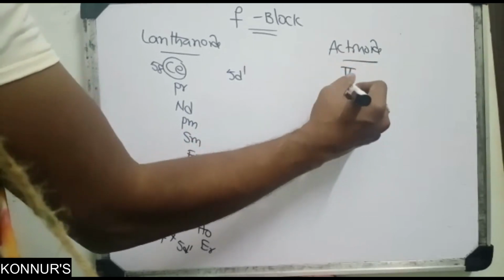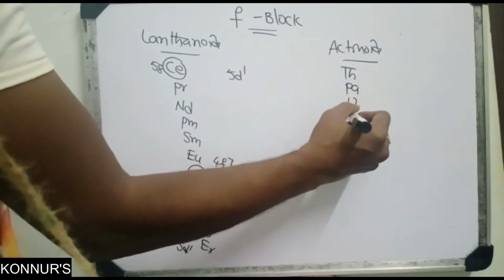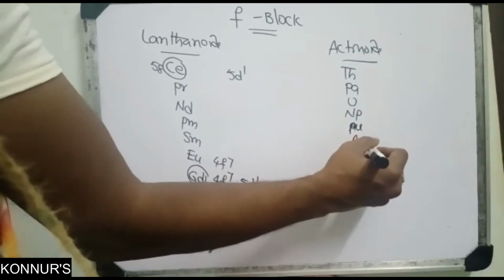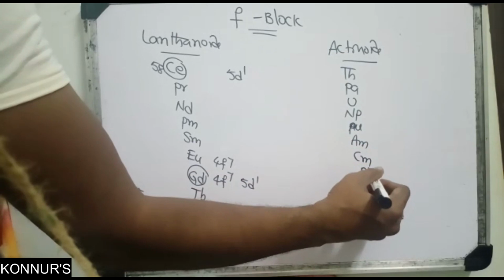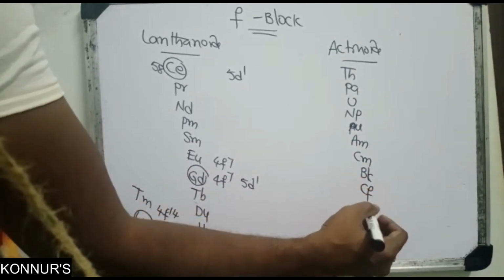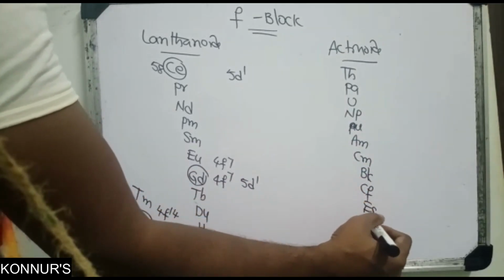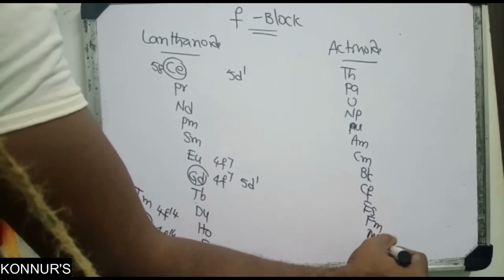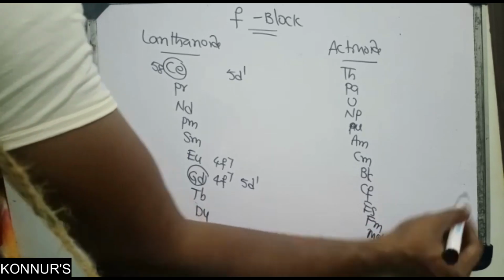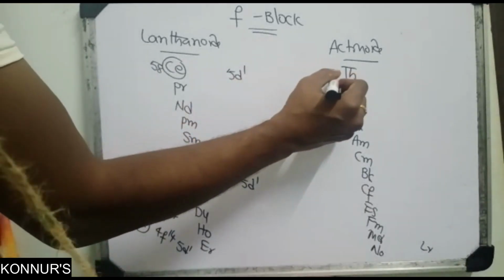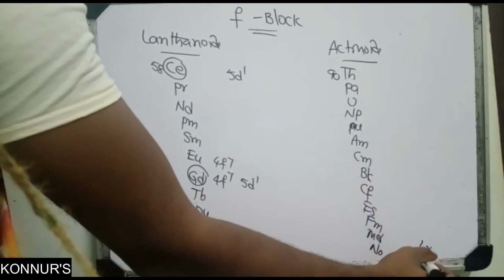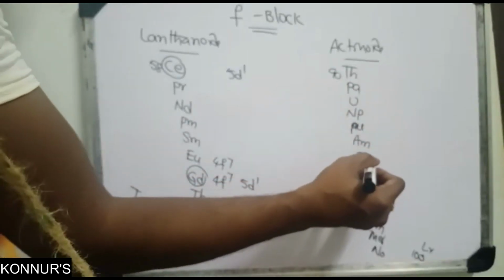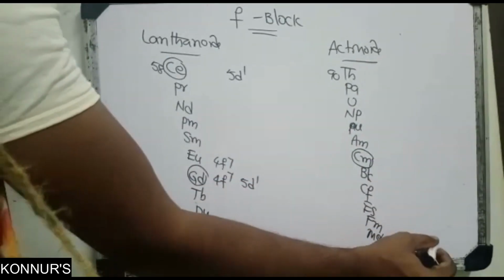So that is thorium, protactinium, uranium, neptunium, plutonium, americium, curium, berkelium, californium, einsteinium, fermium, mendelevium, nobelium, lawrencium. So that is what? 92 to 103 elements. So here, see curium and lawrencium.